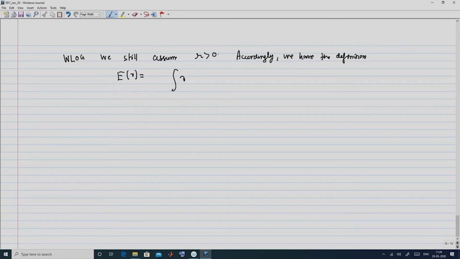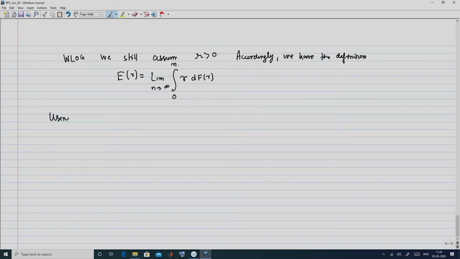It is going to be the integral of R df of R, as per the definition of expectation, from 0 to infinity. Remember that your R is positive, and instead of 0 to infinity, we take this integral from 0 to n with the limit that n tends to infinity.